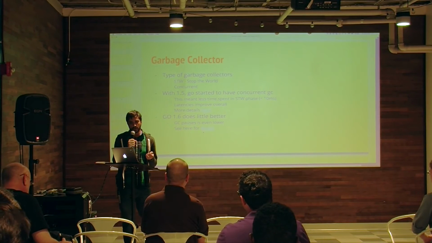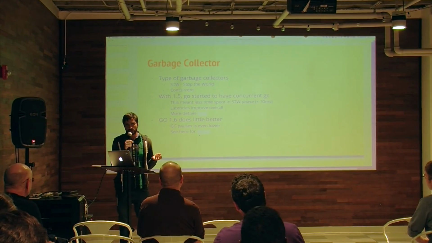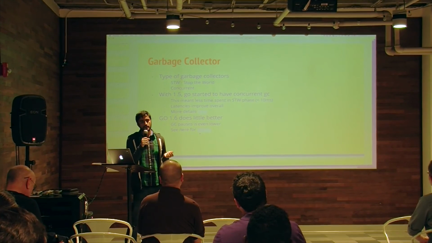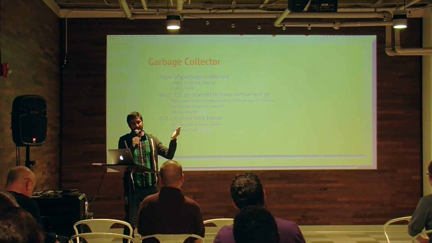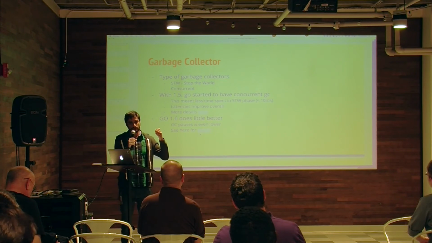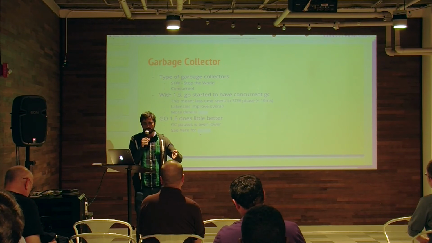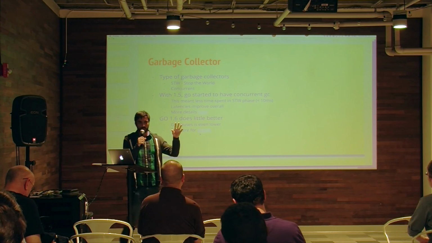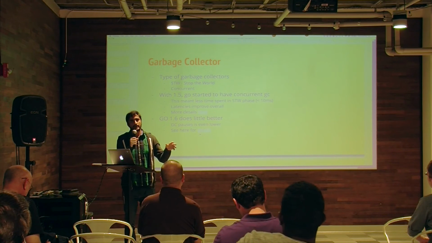Before Go 1.5, it was mainly a stop the world garbage collector. So every once in a while, depending on how your heap size is growing, if the heap is growing faster, the Go runtime would stop the world, pause your process, look at your variables, see which ones are not referenced, and try to reclaim them.